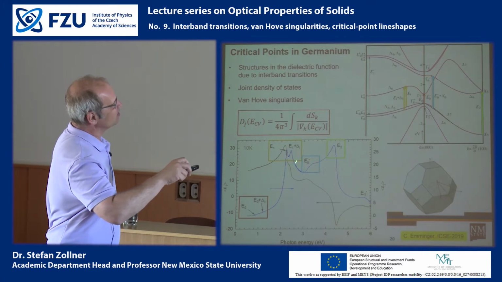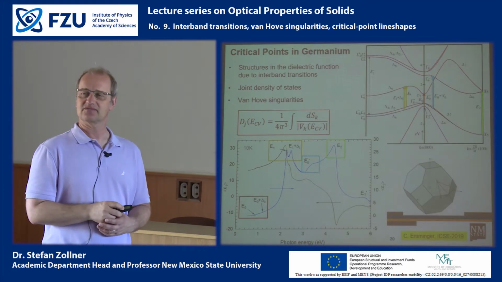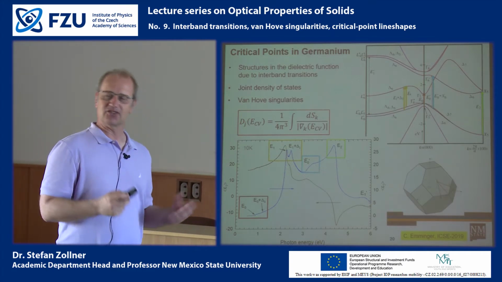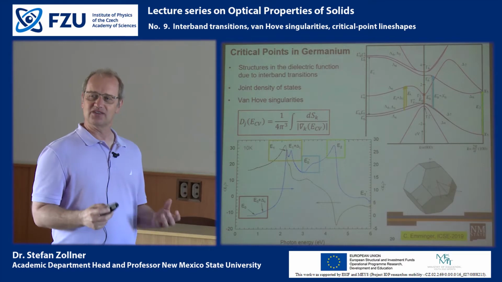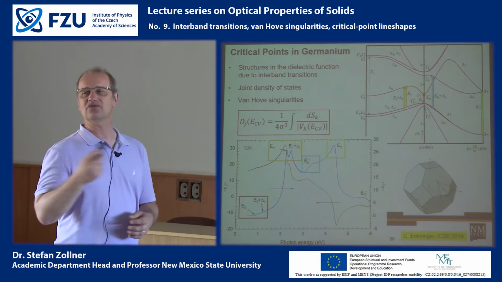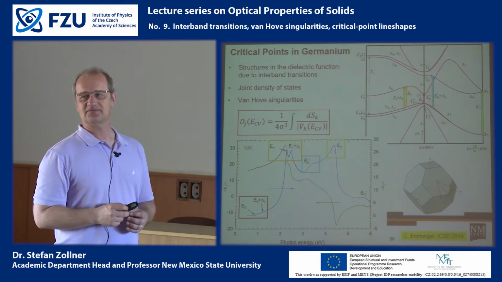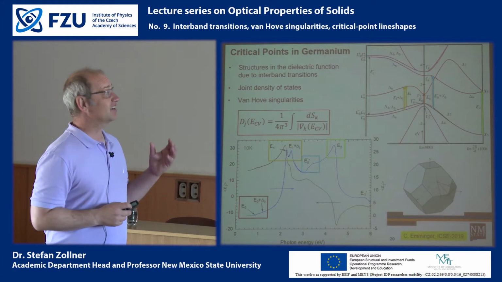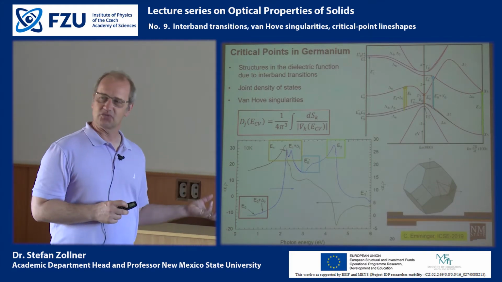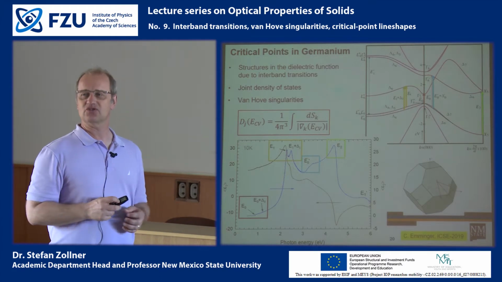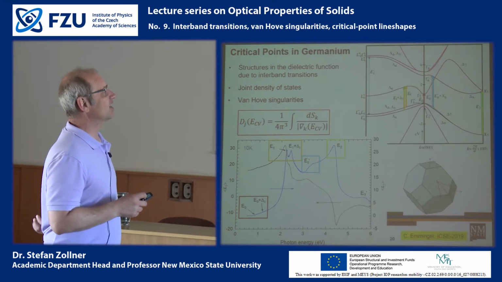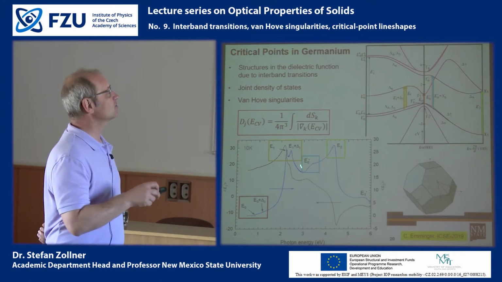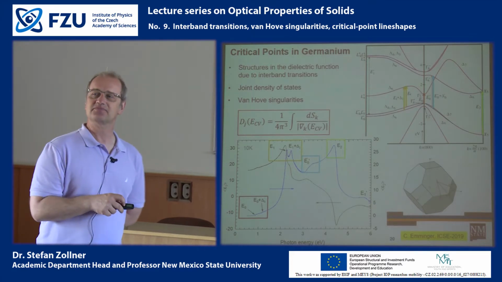This critical point here is much, much stronger, but it's two-dimensional. Two-dimensional only means one of the coefficients is 0, the other two are non-zero, or it's not exactly 0, but very small, much smaller than the other two. So the dimensionality of the critical point has nothing to do with how strong it is.